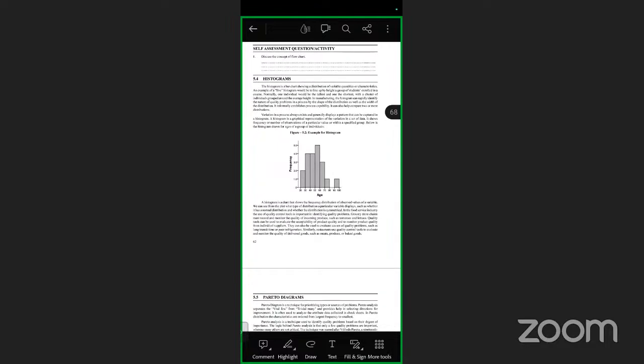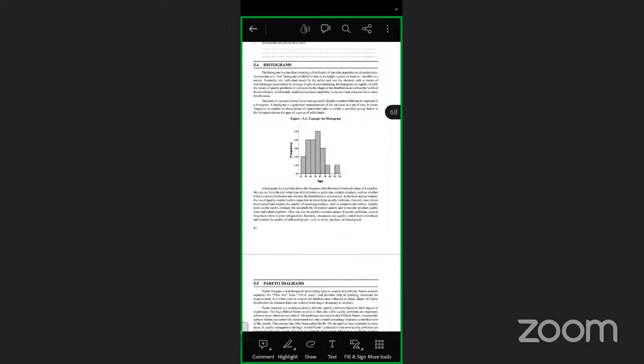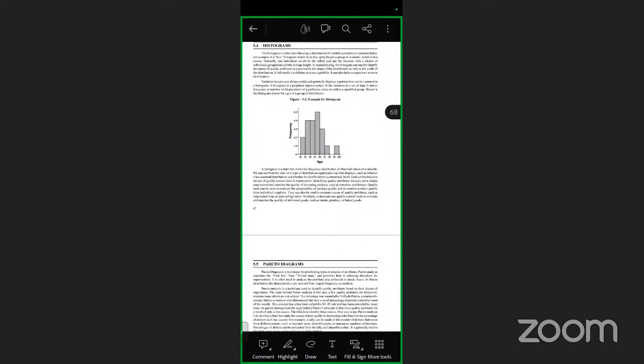It can also help compare two or more distributions. Variation in the process always exists, and the displayed pattern can be captured in a histogram. A histogram is a graphical representation of variation in a set of data. It shows the frequency, the number of observations of a particular value within a specific group. Here the histogram is drawn as age versus individual.